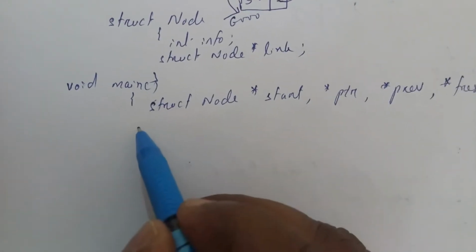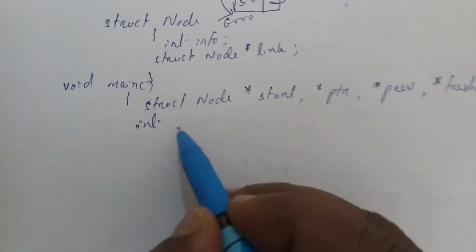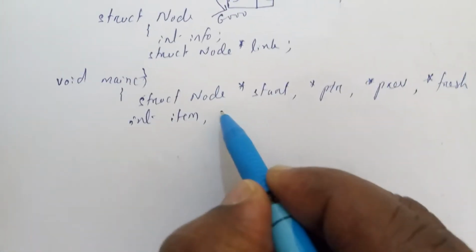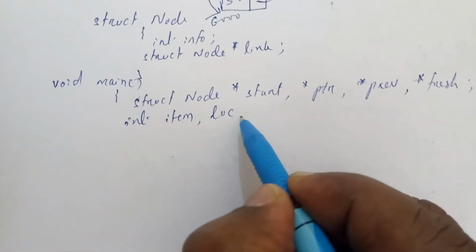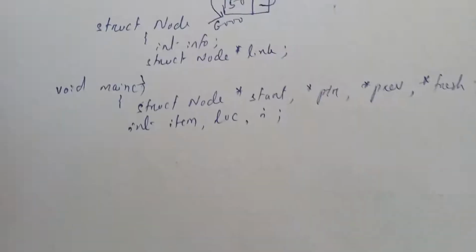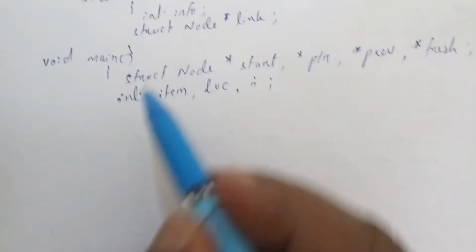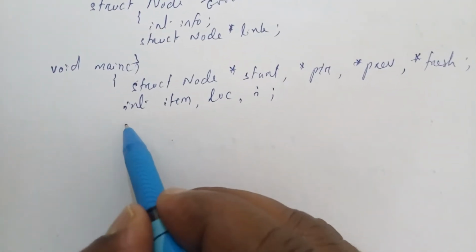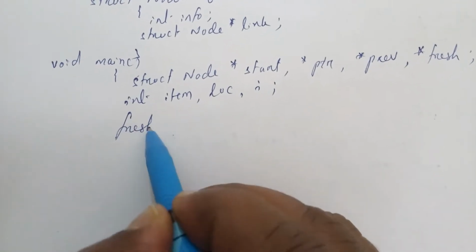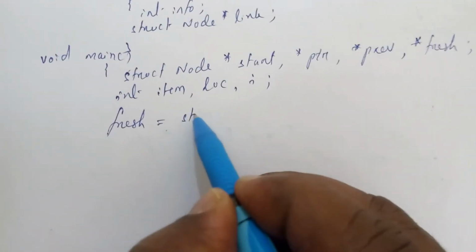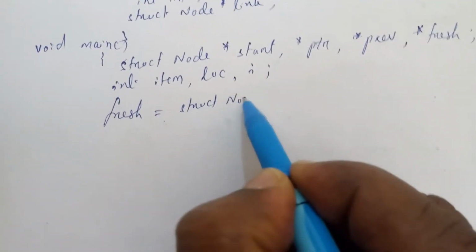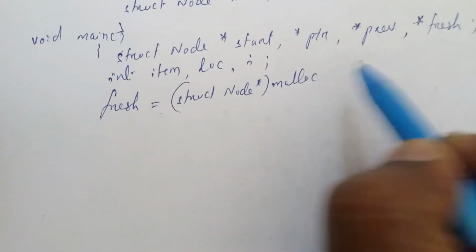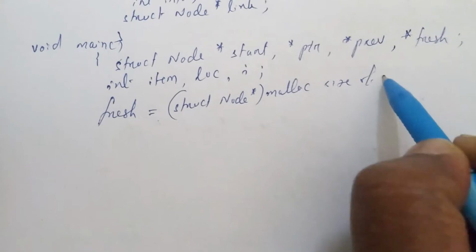So here the integer variables we require, suppose, are int item, location where we want to insert, and another variable i. So first we'll dynamically create a node: fresh equals to struct node asterisk malloc sizeof struct node.